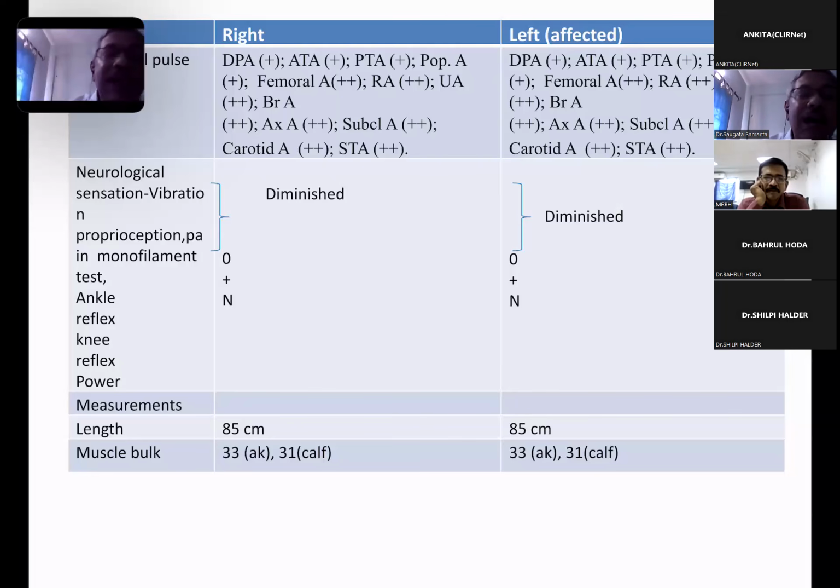So these are the areas where you do the filament test. What you have to do is press the filament to the concerned area and bend the filament to 1 centimeter and ask the patient whether they can feel. You have to have a pre-organized method where the patient says yes every time he feels that, so that he does not give you false results.